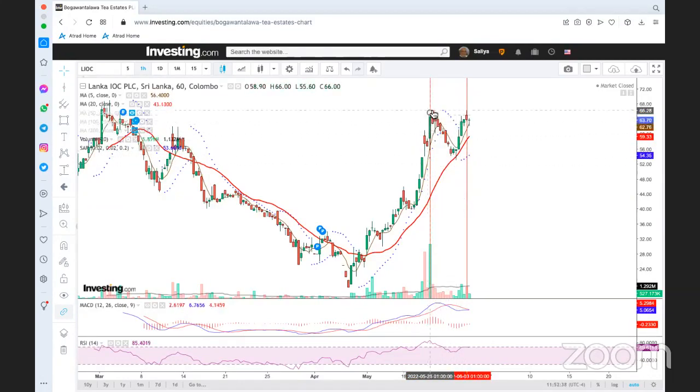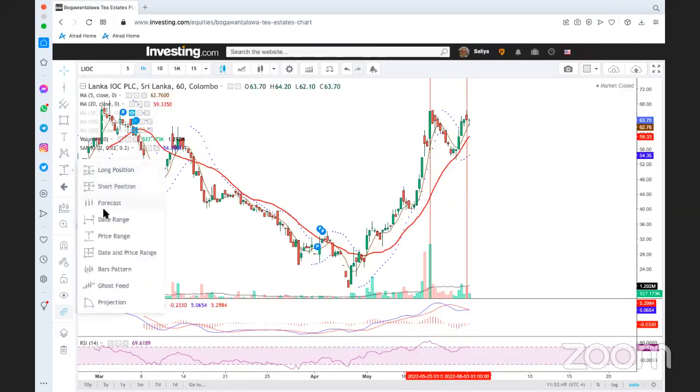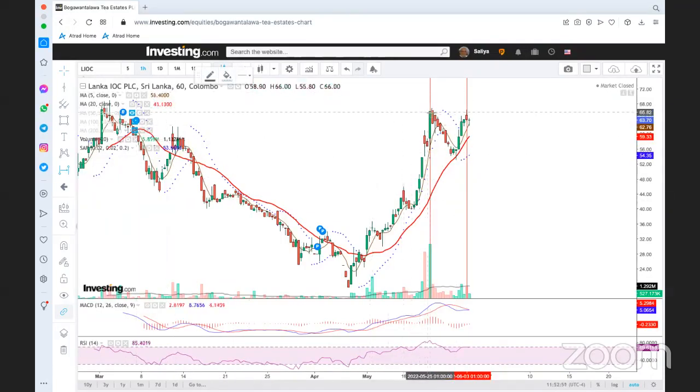Right now, basically, if you take the number of hours from here to here, say up to here, how many hours are you talking about? From here to this point, 9 hours, right? For it to go up, it has taken only 1, 2, 3, 4 hours.